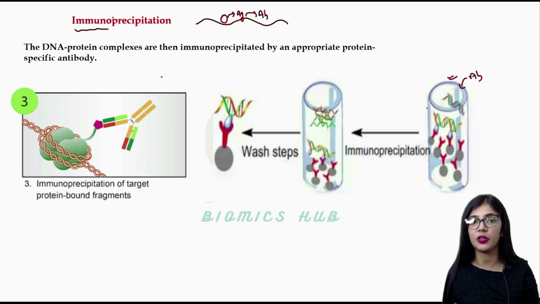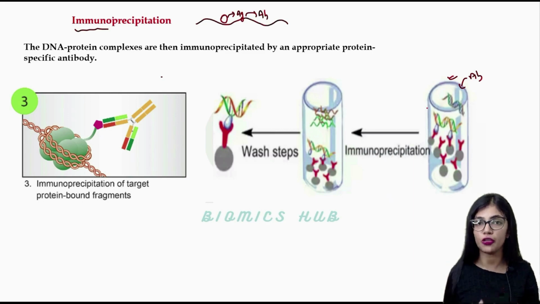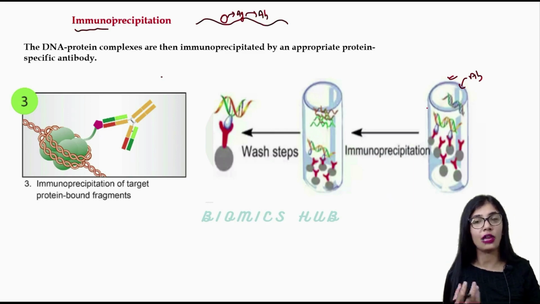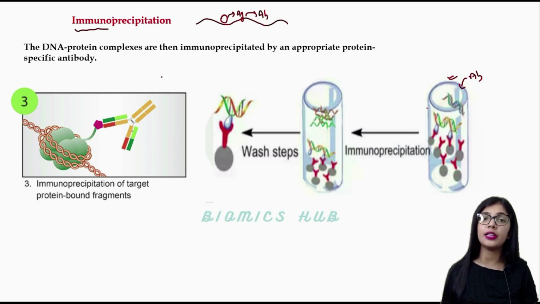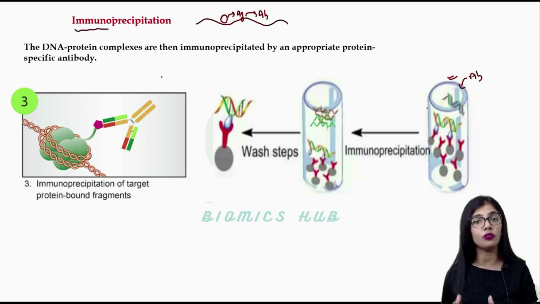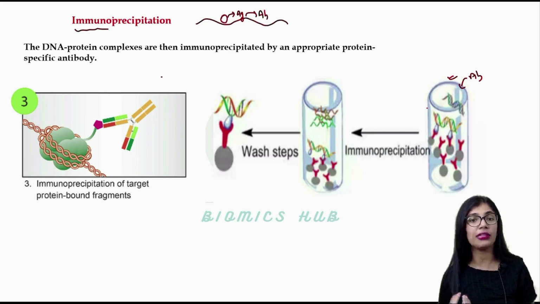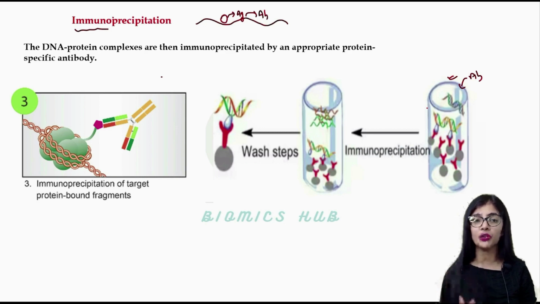What do we mean by immunoprecipitation? That means we are doing a centrifugation in which the particles that are insoluble, or that have high molecular weight compared to the DNA, settle down. If the DNA is interacting with the protein and the protein is interacting with the antibody, it will obviously have high molecular weight, so it will settle down when we do the centrifugation.